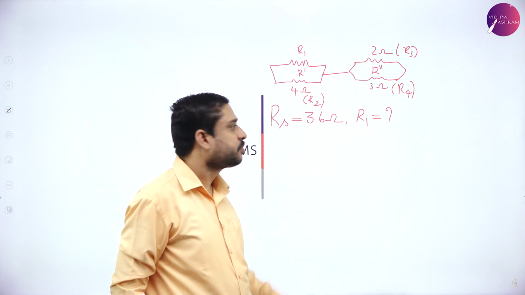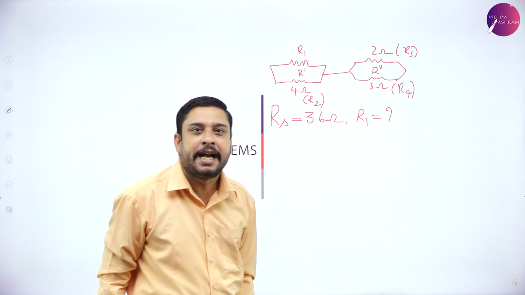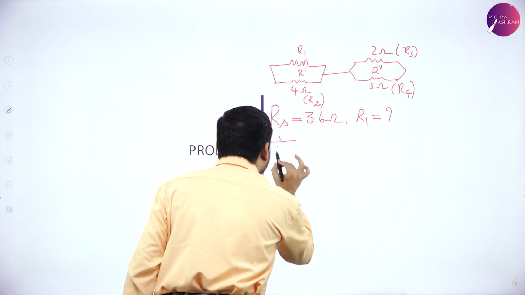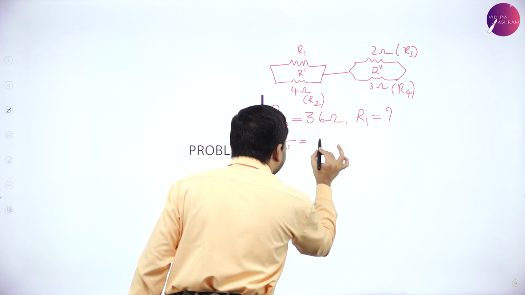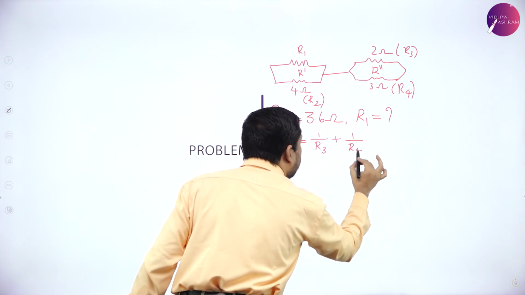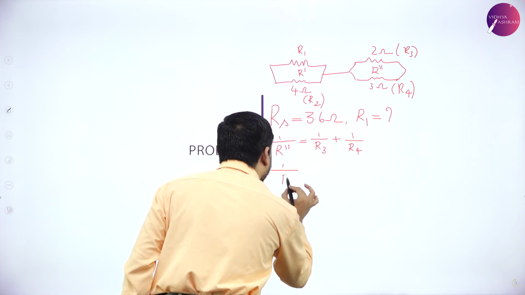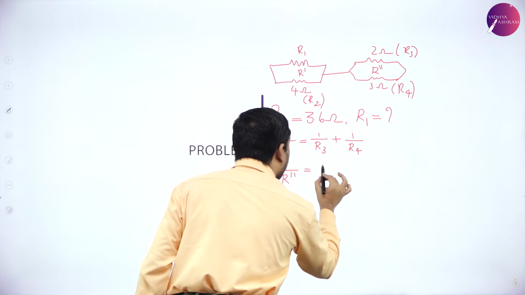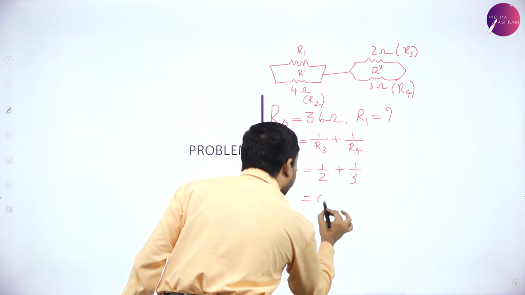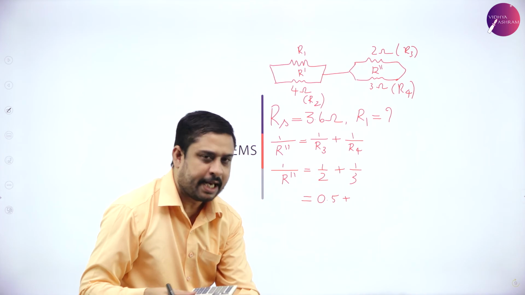Please note, 2 and 3 are in parallel. So 1 by R double dash is 1 by R3 plus 1 by R4. We know the formula. So 1 by R double dash is 1 by 2 plus 1 by 3.